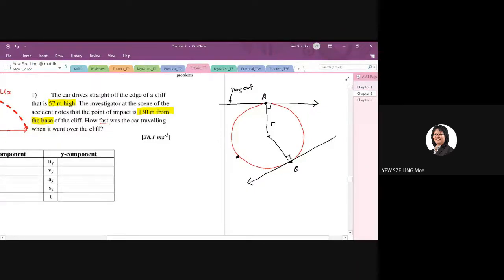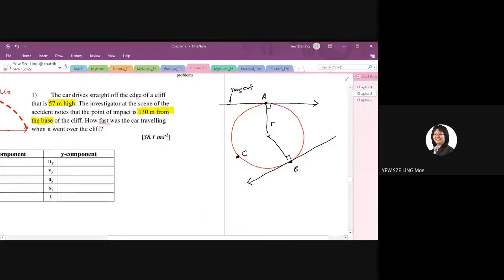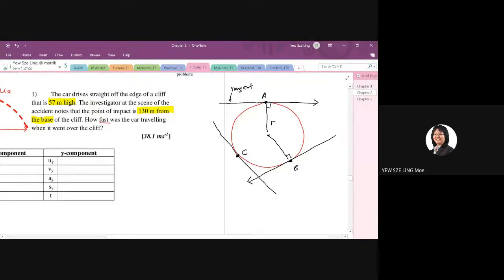Again, you draw another straight line that forms 90 degrees with the radius. This is the direction of motion.